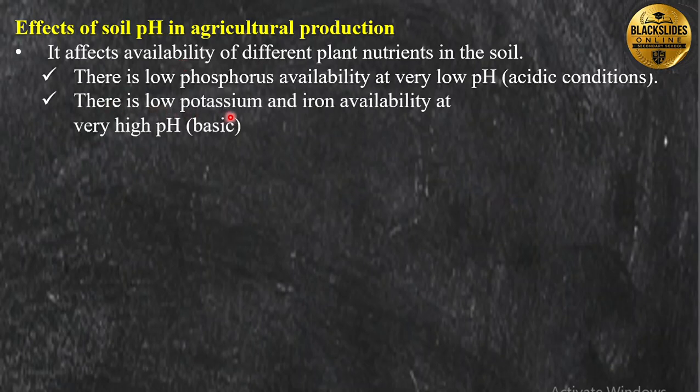There is low potassium and iron availability at very high pH. So basic soils or alkaline soils do not favor availability of potassium and iron. That means crops that need potassium and iron will not do well under conditions where the soil is basic.